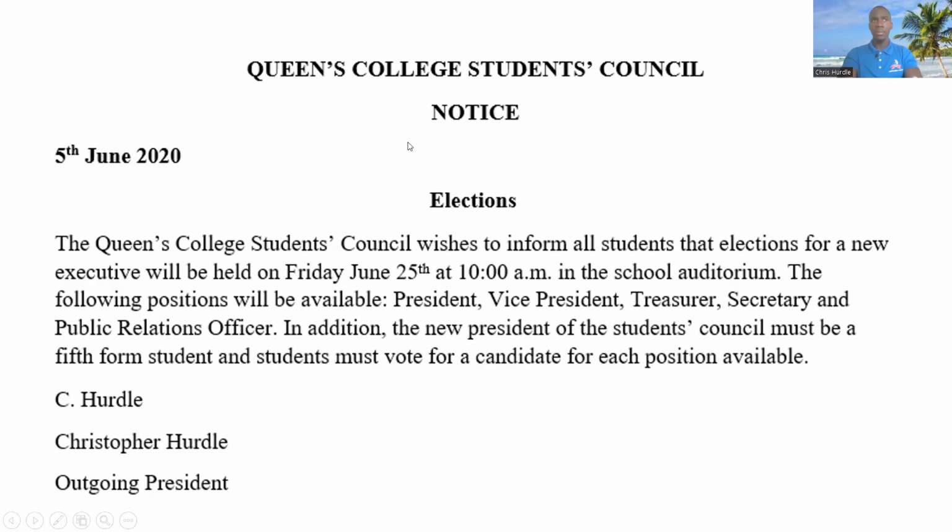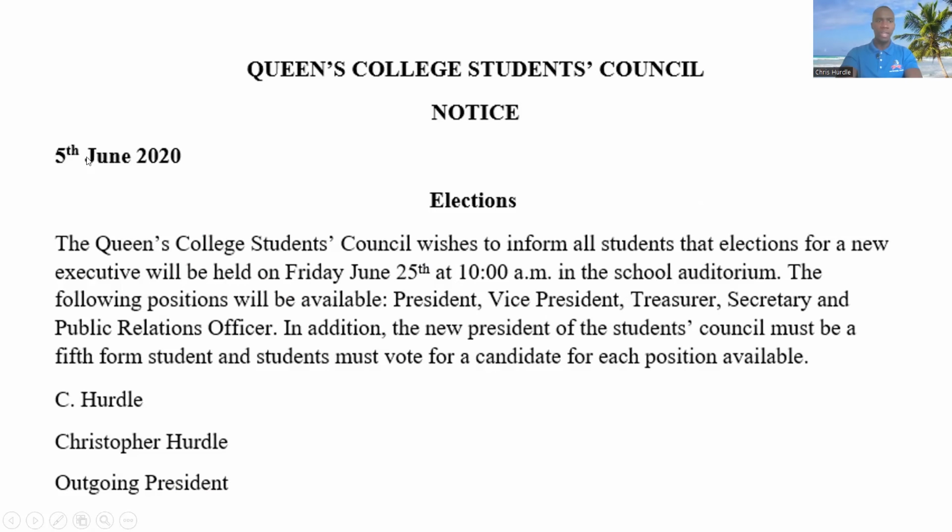So since the scenario is about a school students' council, I gave a name of a school. Queen's College is actually the name of a school in Barbados, but you could use any name of a school. Queen's College Students Council, and you have the word notice underneath, big and bold, like how we have it here.